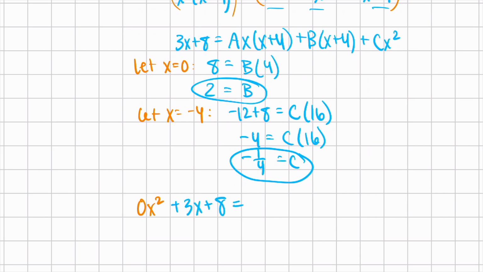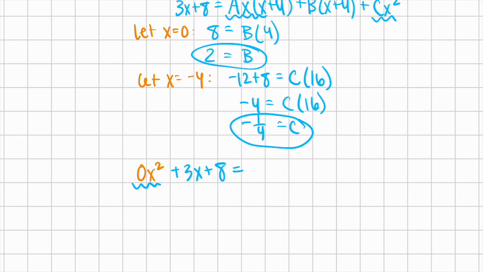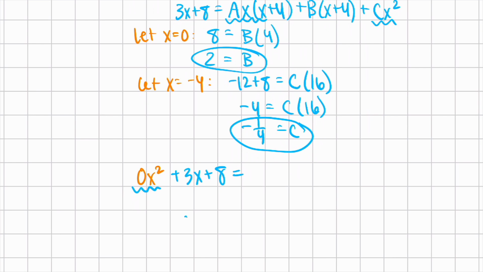And if we're just doing x squared terms, you can choose any term that you want that involves a. So if we're just looking at the x squared term, I'm going to have an ax squared. The b's, there's no x squareds in there, and then I'm going to have cx squared. So I'm going to say that 0x squared is going to equal my ax squared plus cx squared.